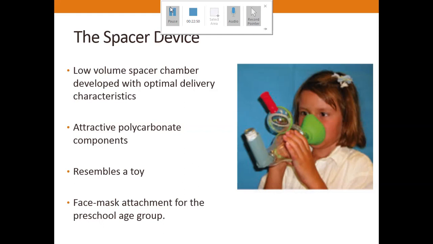So it had the mask for the preschool children, and it had these compartments on to make it resemble a toy. So you can see there in the sort of like green ball, it's got like a spinner in it, so it's like visually attractive, and then the red bit is the whistle.